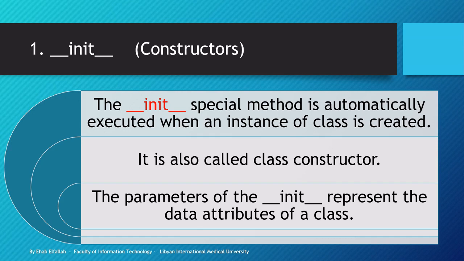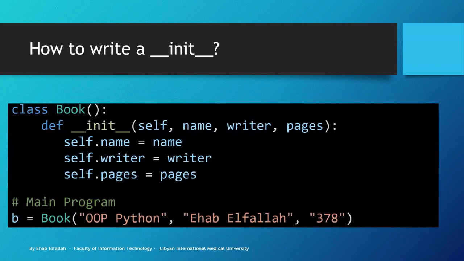In the step where we create an instance or an object from the class, this method will fire and be executed. It's also called a constructor. In many books and many languages there is a constructor, and the parameters of init represent the data attributes of this class.